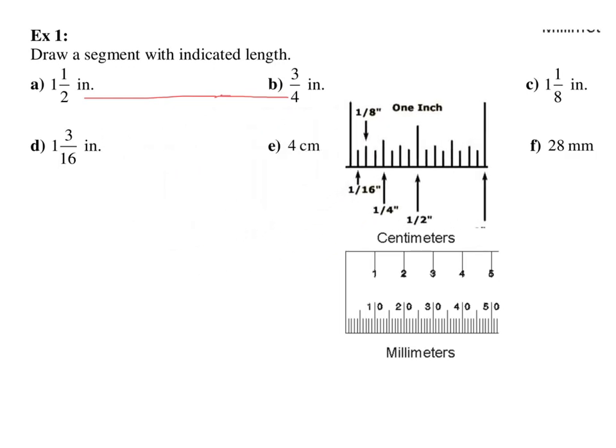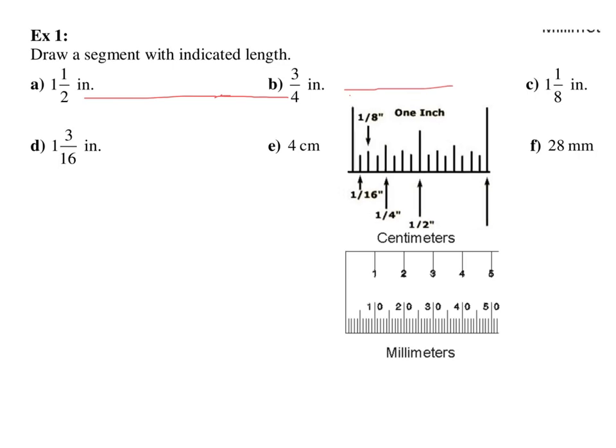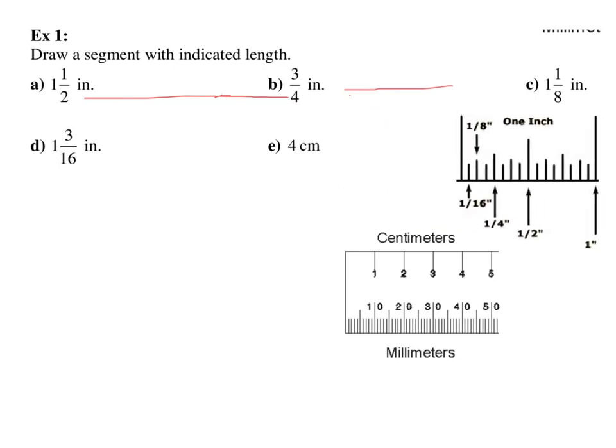Alright, let's go to 3/4 inch. So here I'm at 1/4, then that's 2/4 because that's 1/2, and then that's 3/4. Alright, so there's my segment there, and then 1 1/8 inch. Come over here, I'm going to do it just under this here.